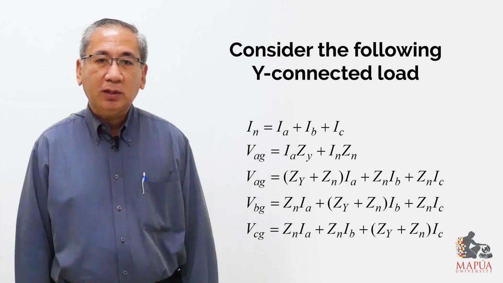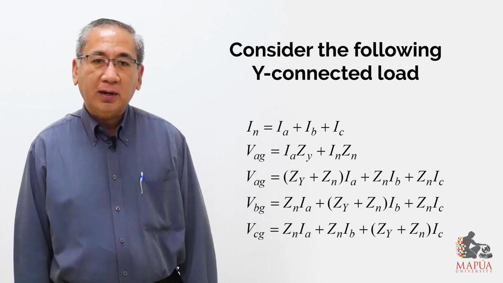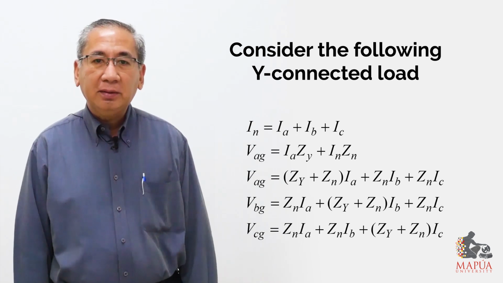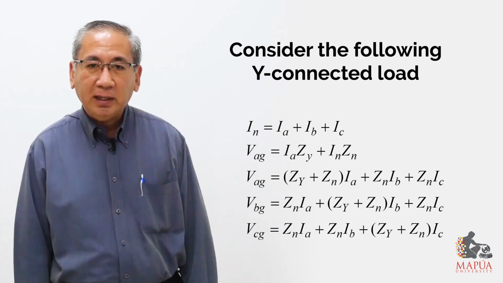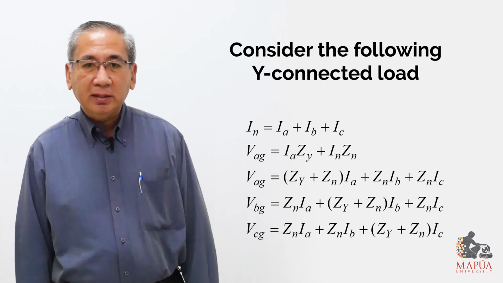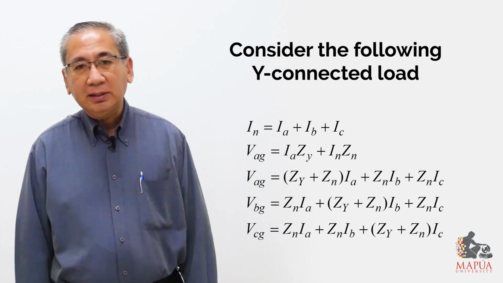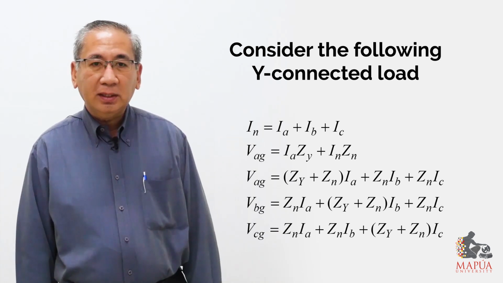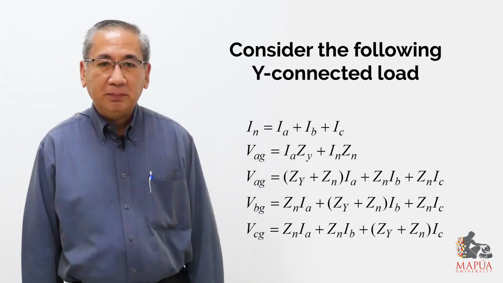VAG now is equal to the quantity ZY plus ZN multiplied by IA, plus ZN multiplied by IB, plus ZN IC. Then similarly for VBG, that is equal to the sum of the drop due to phase B and the neutral impedance.